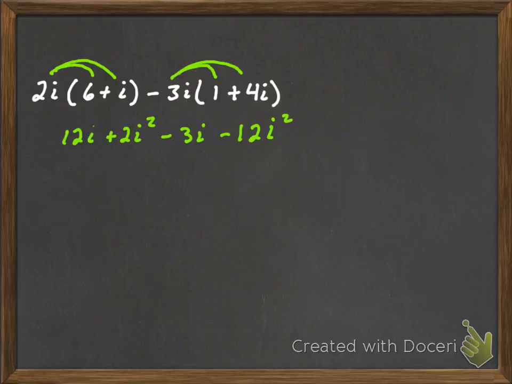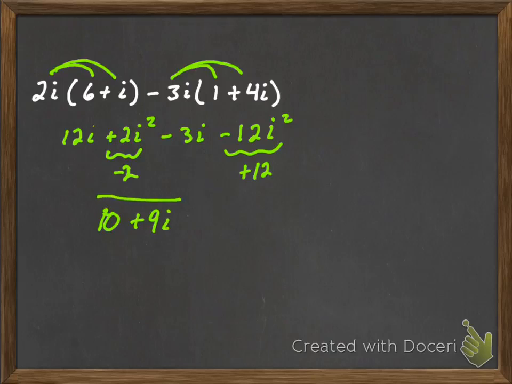So now 2i squared has a value of negative 2. Negative 12i squared has a value of positive 12. We can combine negative 2 and positive 12. That will give us 10. Then we have 12i and minus 3i, which is plus 9i.